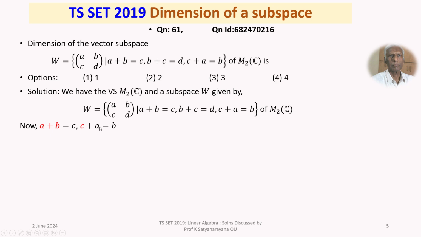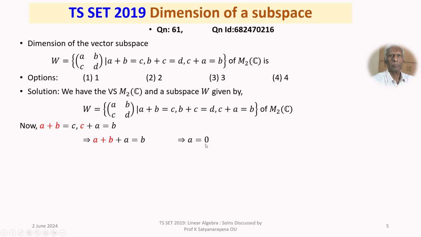First, let us take A plus B is equal to C and C plus A is equal to B, the first equation and the third equation. For C, we substitute A plus B and simplify. So, A plus B plus A is equal to B. B cancels, 2A is equal to 0, which will imply A is equal to 0.